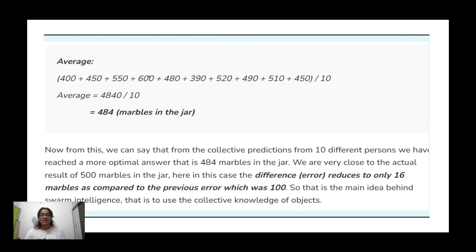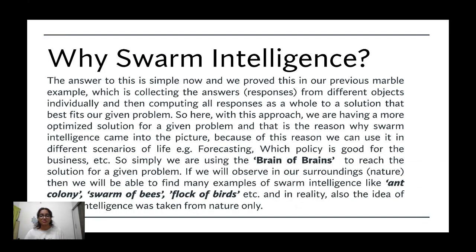Now, from this, we can say that from the collective predictions of 10 different persons, we have reached a more accurate answer, that is 484 marbles in the jar. We are very close to the actual result of 500 marbles in the jar. Here, the difference reduces to only 16 marbles as compared to the previous error, which was 100. So that is the main idea behind swarm intelligence, that is, to use the collective knowledge of objects.